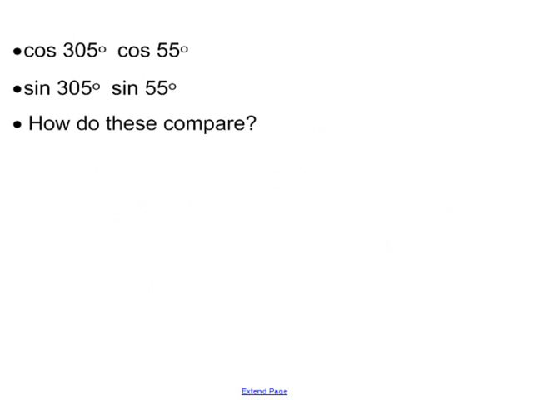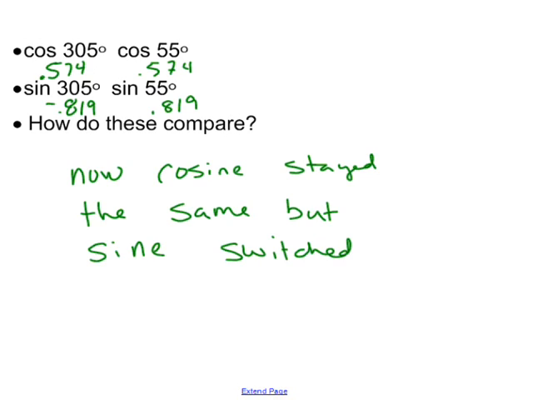All right, so now let's go figure out what cosine of 305, sine of 305, all of those answers are. All right, so cosine is 0.574, and notice that cosine of 305 and cosine of 55 is the exact same decimal, but sine went and switched.